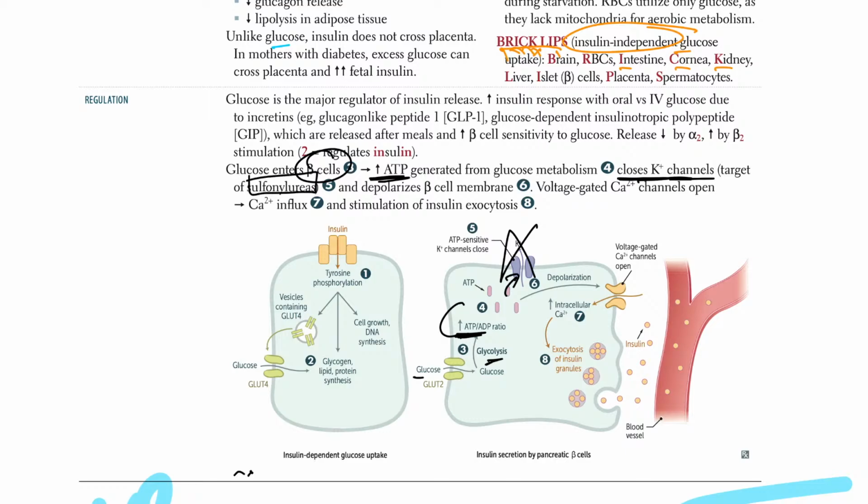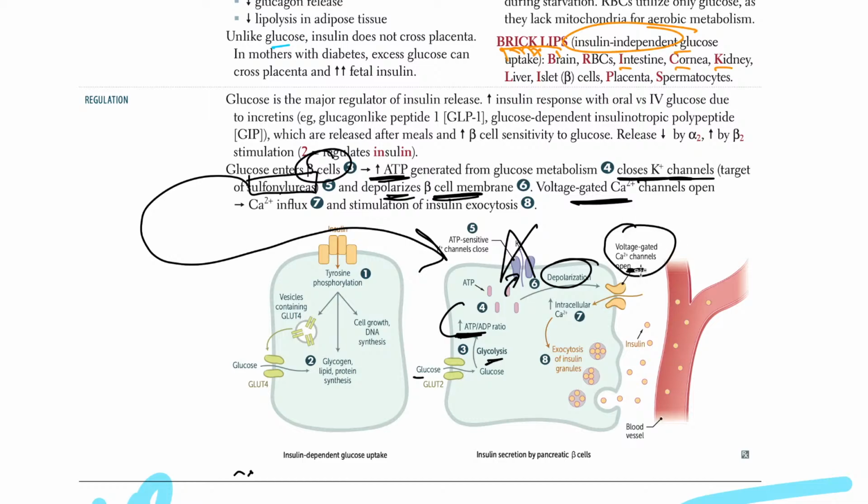As a drug, sulfonylureas do the same thing. They close these channels. And once these channels are closed, there is going to be a depolarization of the beta cell membrane, and that is going to cause voltage-gated calcium channels to open.